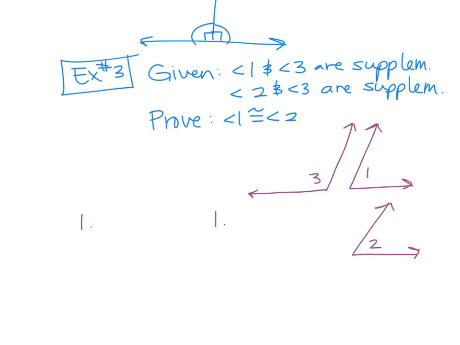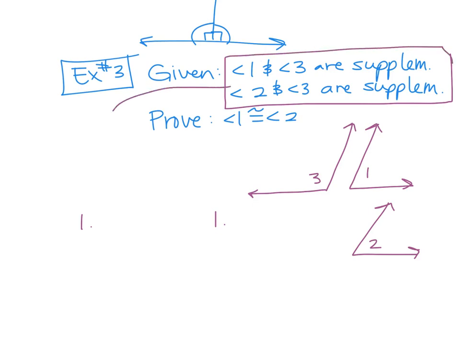The given, okay? Now, in this setup where you already have it written down, I would do this. Just put a box around that, draw an arrow to your first blank here, and write given. Okay, so that's your given information. We know 1 and 3 are supplementary.